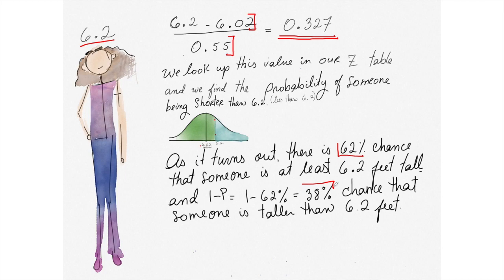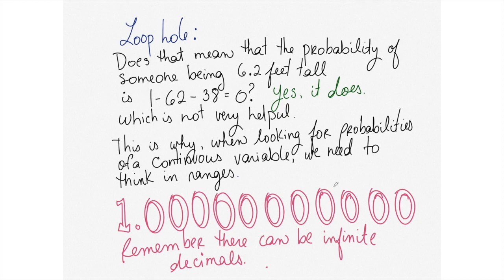But what happens if we want to calculate the probability of Clarice being exactly 6.2 feet tall? There is a little loophole over here.